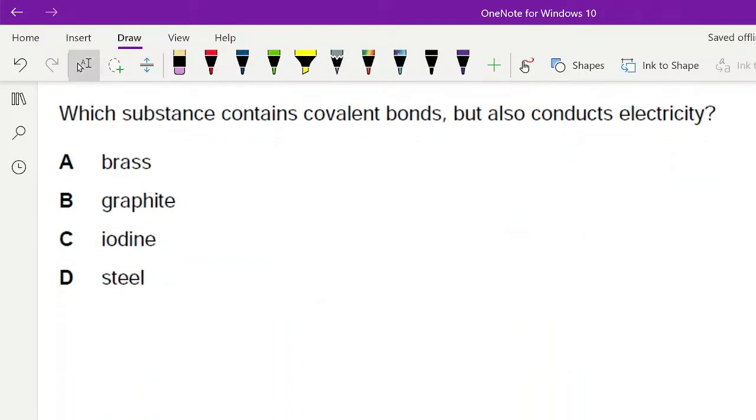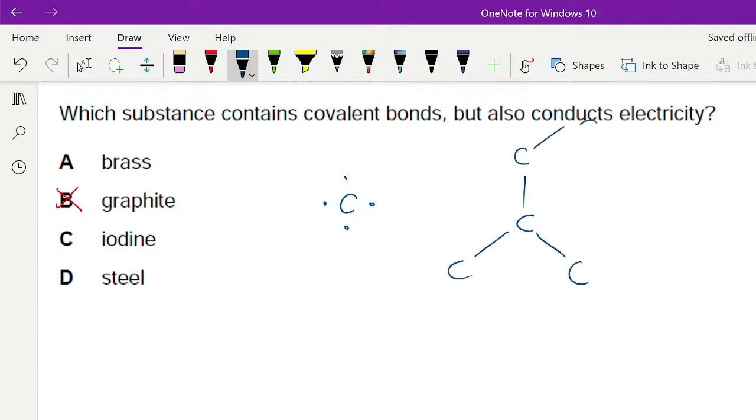Which substance contains covalent bonds but also conducts electricity? There is only one substance in your syllabus that does, and that is graphite. And why is that so? Because carbon has 4 valence electrons, but in graphite, carbon only bonds with 3 other atoms, making something that looks hexagonal like this.